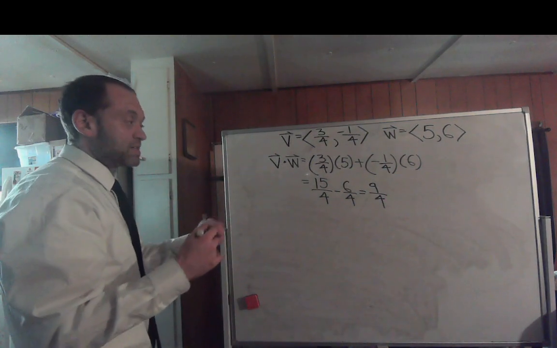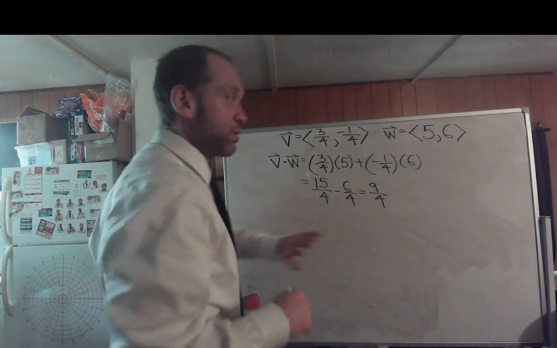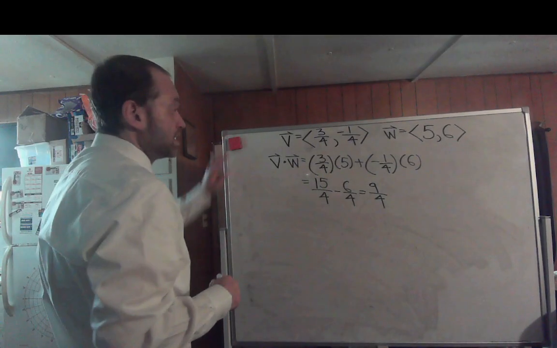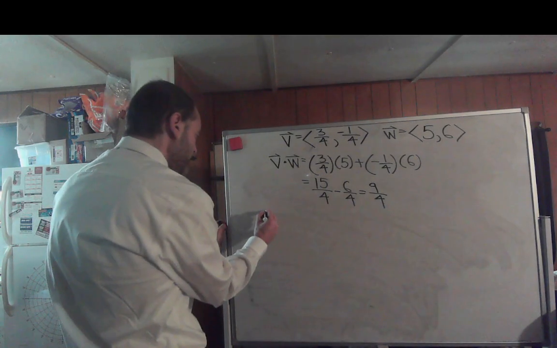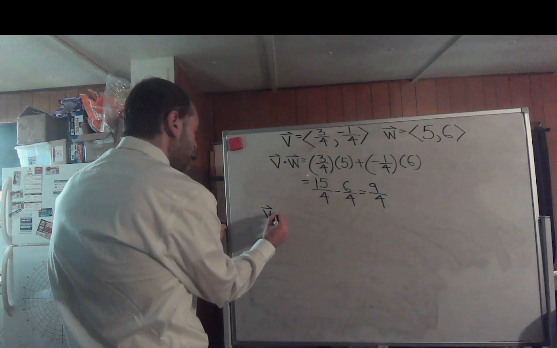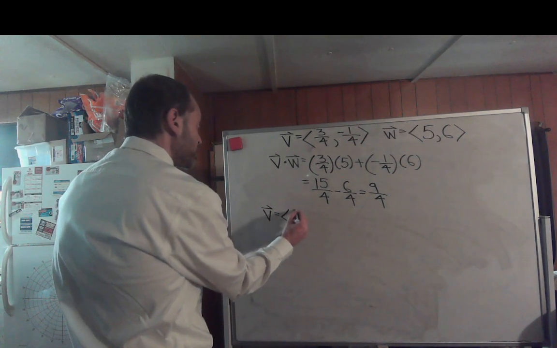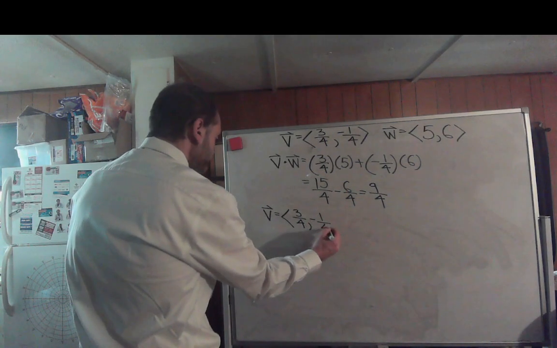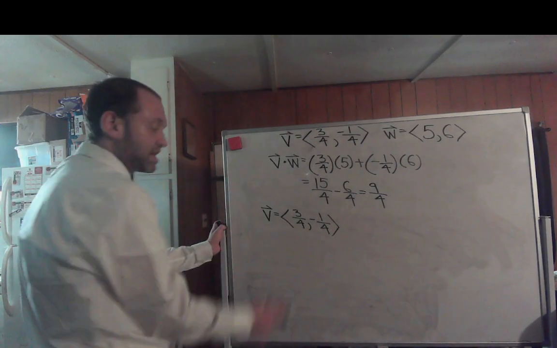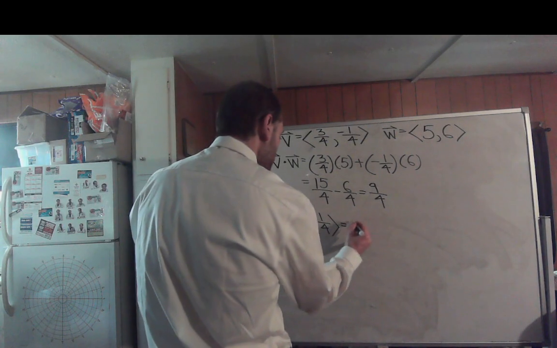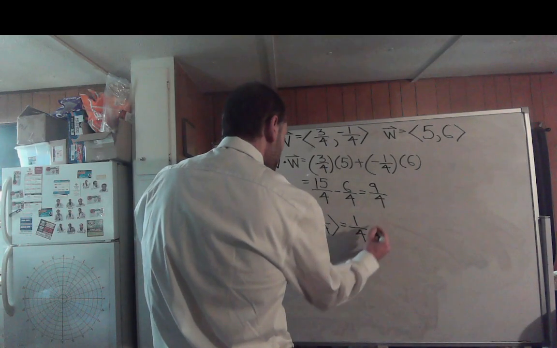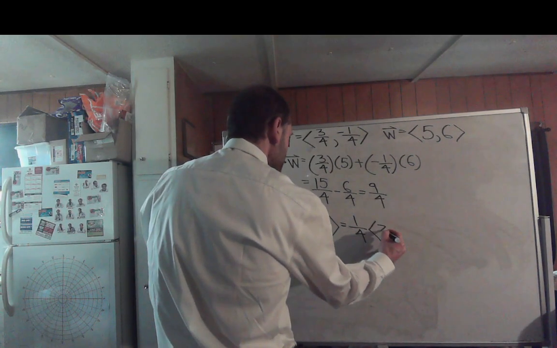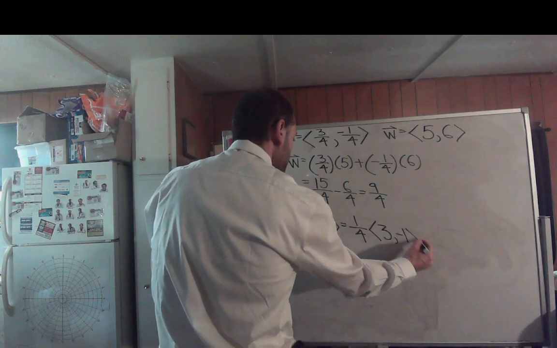Well, the dot product doesn't equal 0, so they're definitely not orthogonal. Now what about parallel? So vector v is equal, of course, to 3/4, negative 1/4. Well, we can definitely factor out a common 1/4. So that would be 1/4 times the vector components of 3, negative 1.